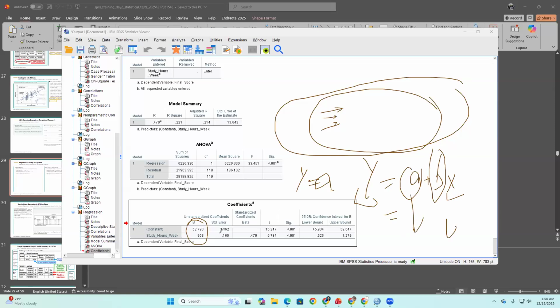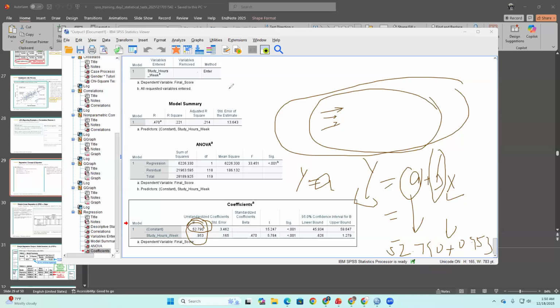So what's your intercept? The intercept is the constant one, 52.790. And what is your slope? Plus 0.953.